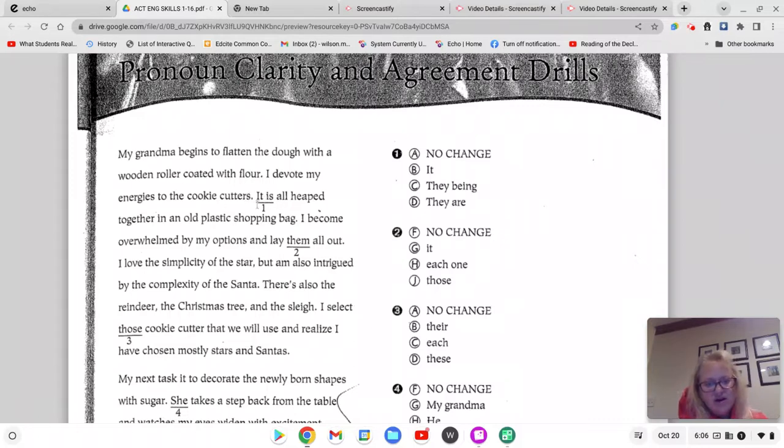Well, what is underlined is the word it. And so we have to make the cutters agree with the pronoun. So it wouldn't be A and it wouldn't be B. So then we have to decide is C or D correct. They being all heaped together or they are all heaped together. Well, obviously, they are sounds best.